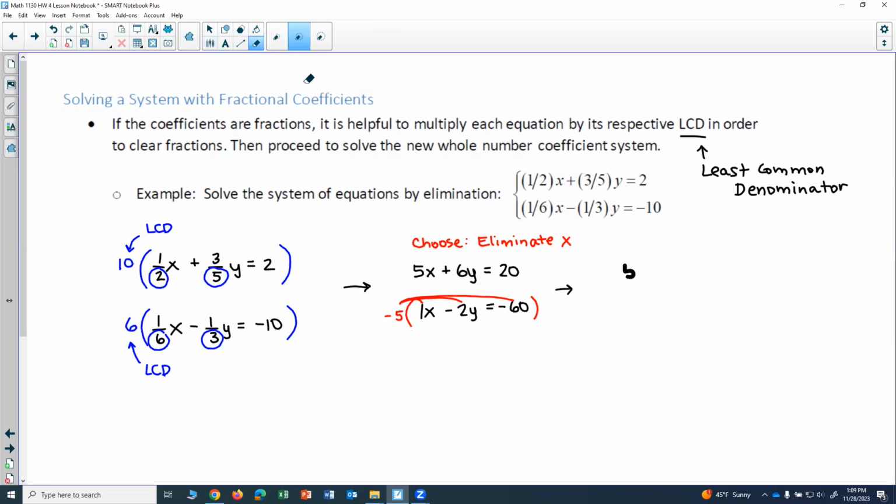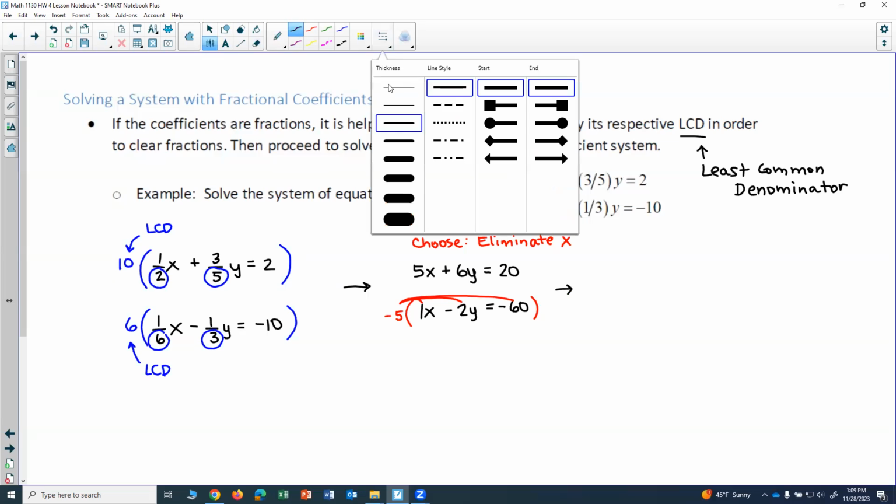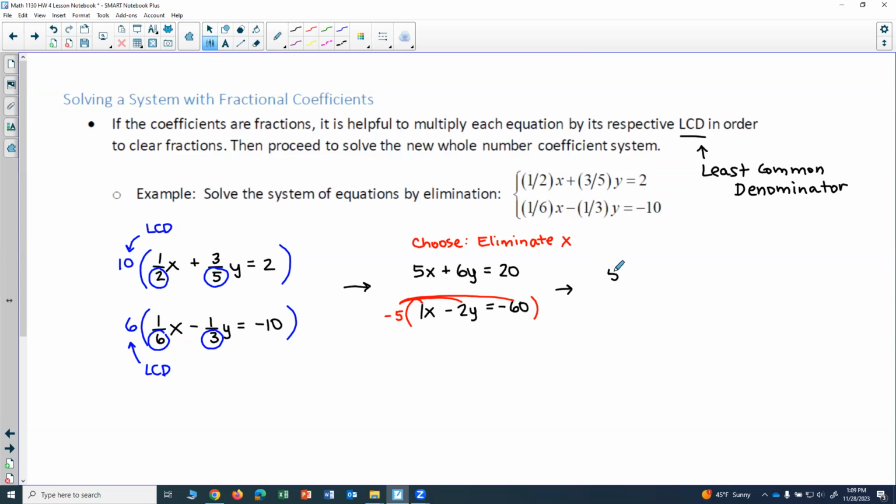So I have my new system: 5x plus 6y equals 20. And negative 5x, I get negative 5 times negative 2 is plus 10y. And then negative 5 times negative 60 would give me a positive 300 because negative times negative is positive.